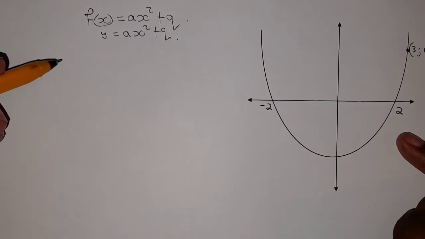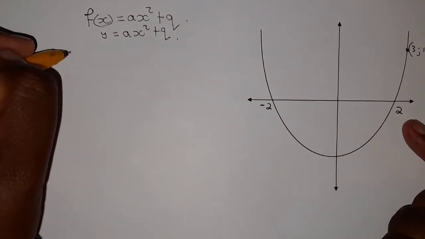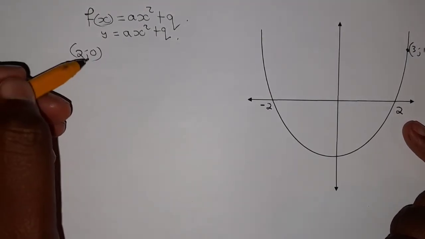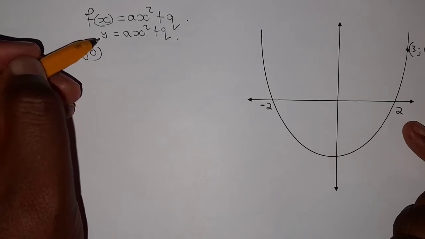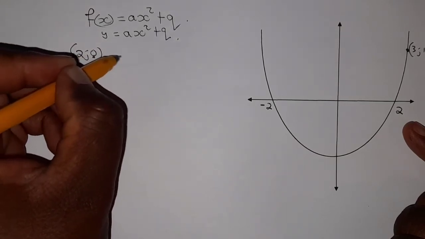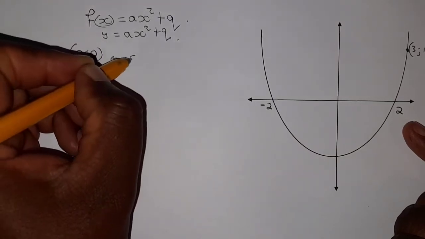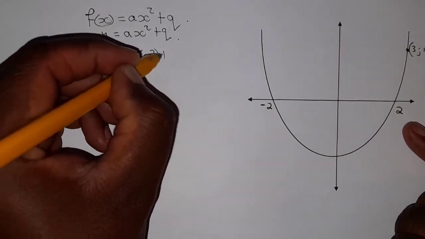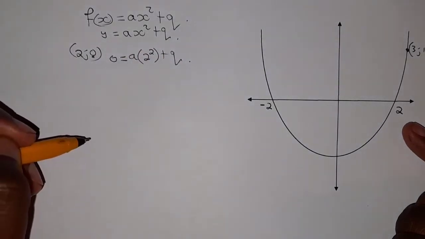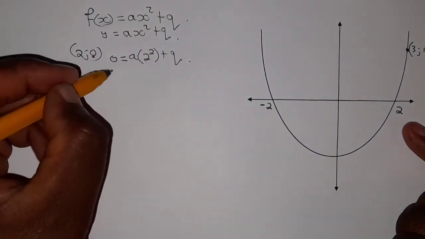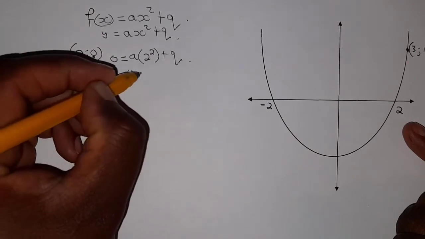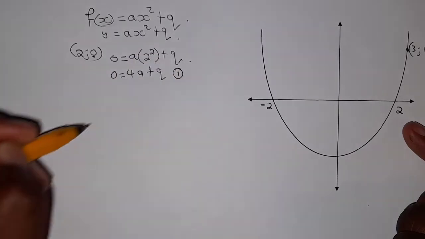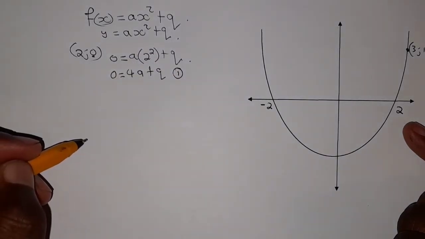I want to use this one, that is 2 comma 0. That's one of the two x-intercepts. So my y is 0, so it's 0 is equal to a bracket, our x is 2, so it's 2 squared plus q. So this 2 squared is 4, so it's 0 is equal to 4a plus q. That's my first equation.